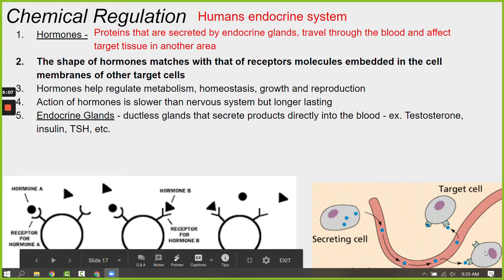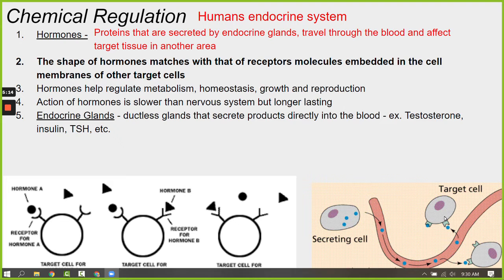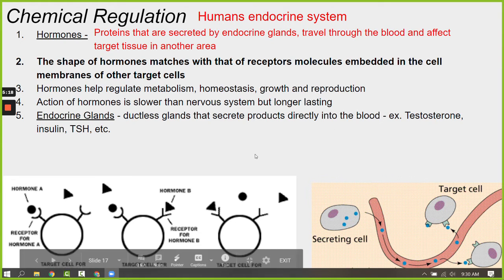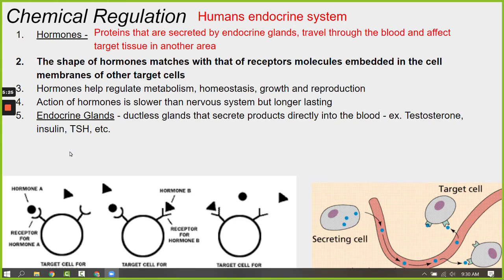It's only going to affect cells which have the correct receptor molecule. If a cell doesn't have it, it's just not going to affect it at all because the shapes aren't going to match up. We see the same thing here in this diagram. So we have two hormones, hormone A and hormone B. Look at the diagram.